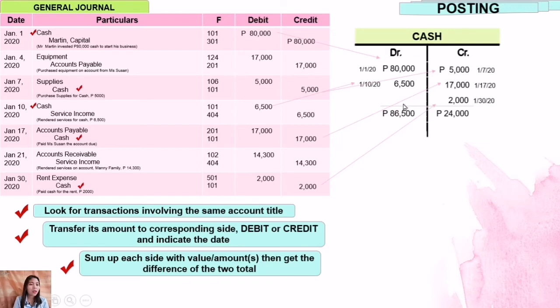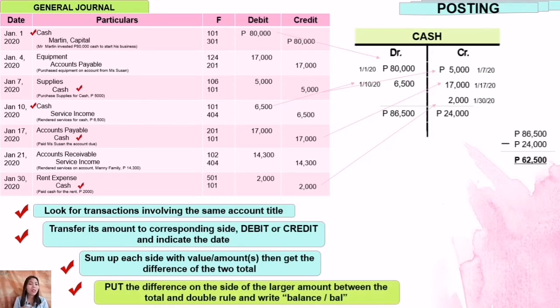So here we have debit 80,000 and then 6,500, so 86,500. Credit 5,000 plus 17,000 plus 2,000, we have 24,000 pesos. Subtracting the two, you will get 62,500. This 62,500 is the extracted balance.